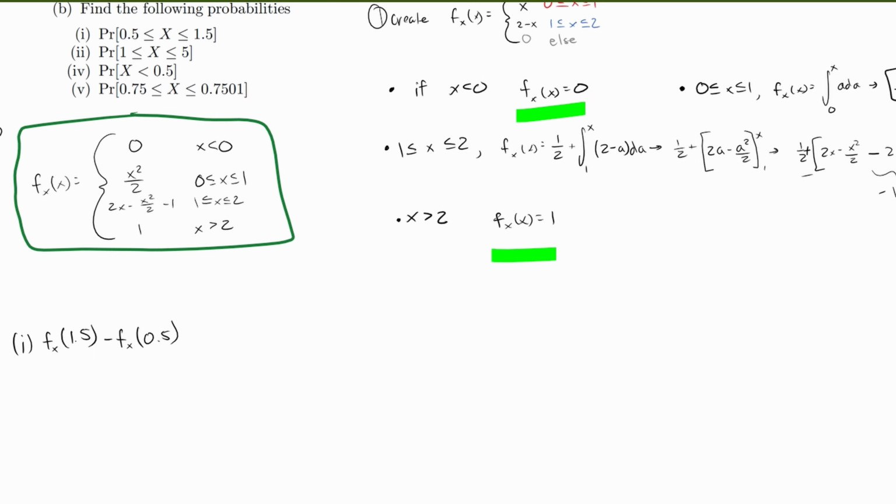Now with our 1.5, we know our 1.5 is going to fall into this category because it's between 1 and 2. So what that means is we're just going to plug 1.5 into what we have here for our CDF. So putting into a calculator, we have 2 times 1.5 minus 1.5 squared, divided by 2, minus 1.